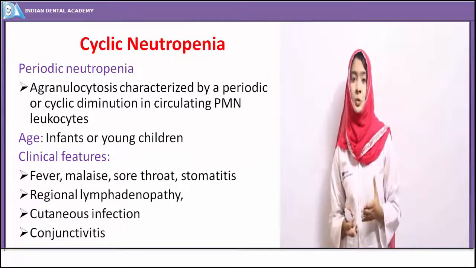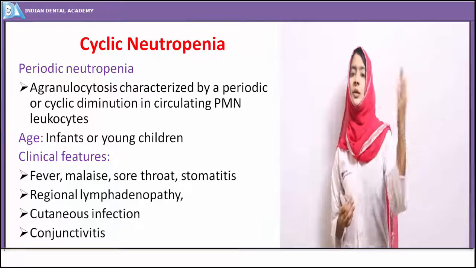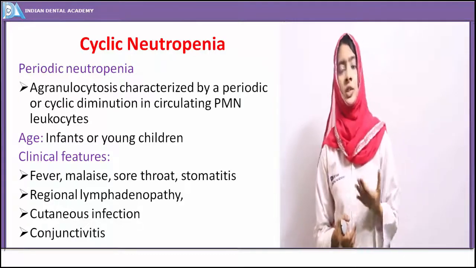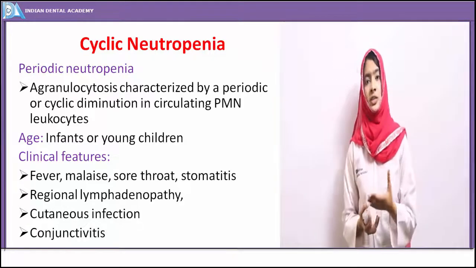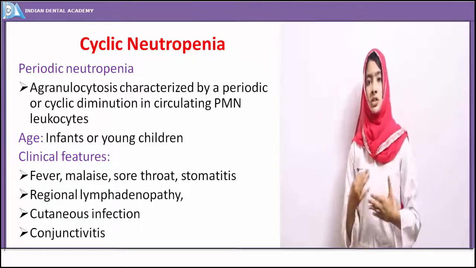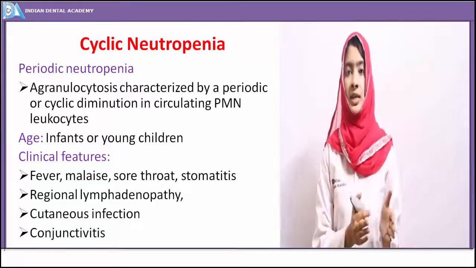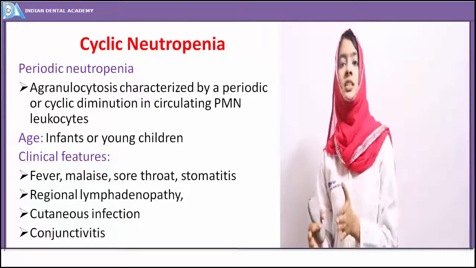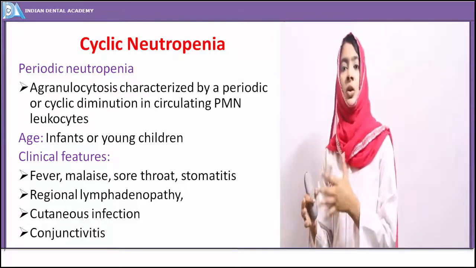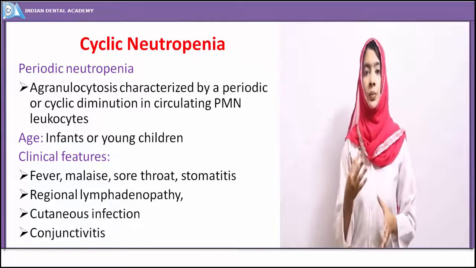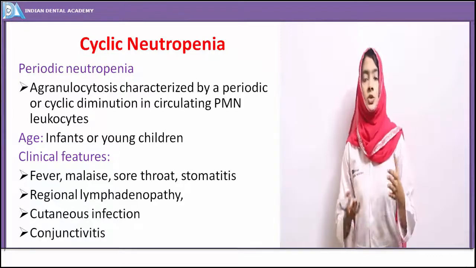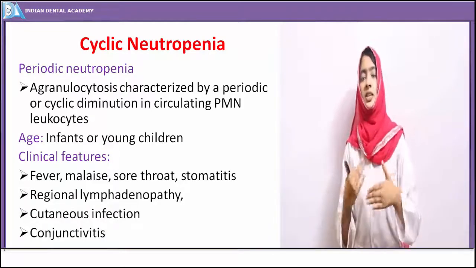Cyclic neutropenia is nothing but a form of agranulocytosis, and it occurs in a periodic fashion: for a few days the disease is present, and for a few days the disease is not manifested in the blood picture. So it occurs in a periodic cycle.